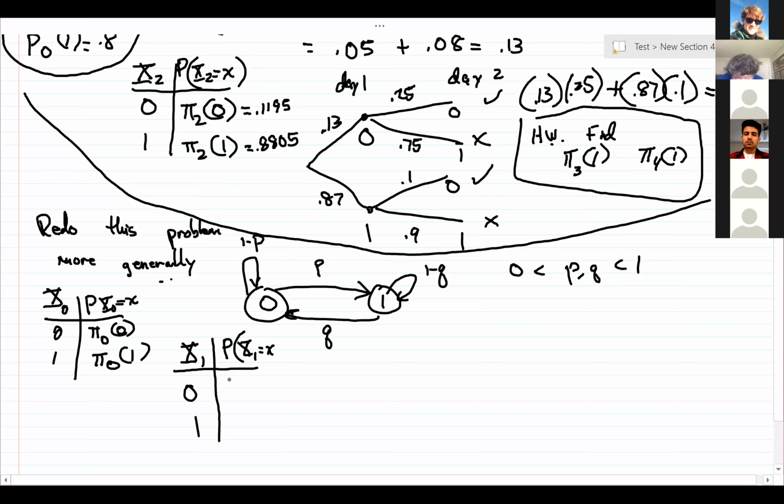And in this case, we called it pi at day 1 of 0. It works out that this is equal to (1 minus P minus Q) times the probability that X0 equals 0, plus Q.